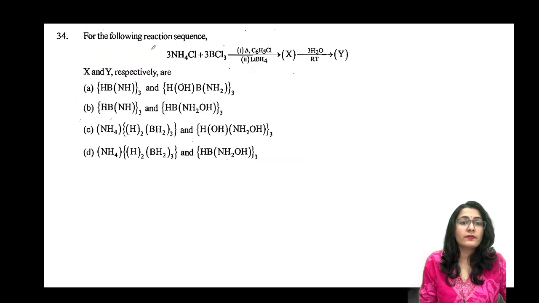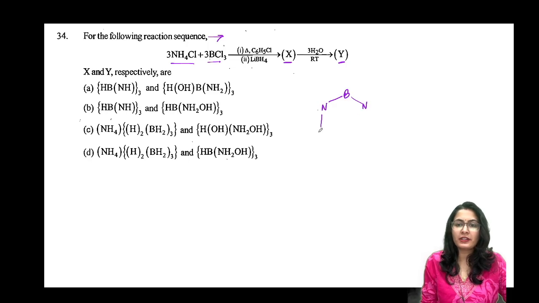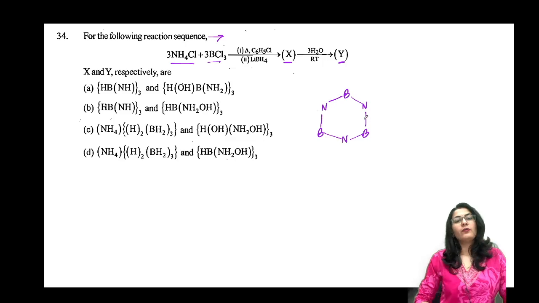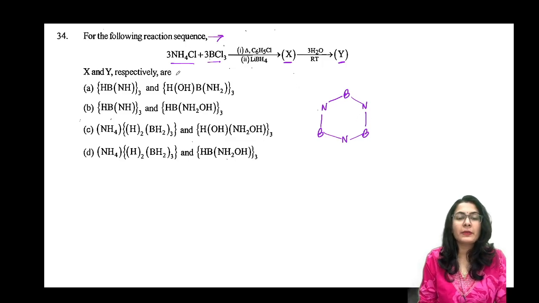Next easy question. For the following reaction sequence, 3NH4Cl plus BCl3 gives you X in the first step, then hydrolysis gives you Y. Again, try this. Alright, you have done this yesterday only. If you have seen the video properly till the end, you will know that what reaction is taking place in between ammonium chloride and BCl3.